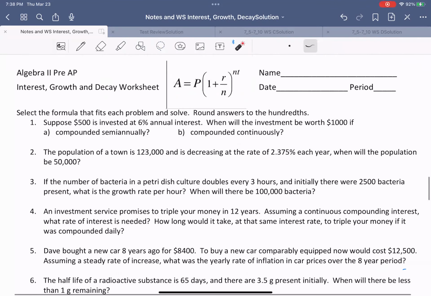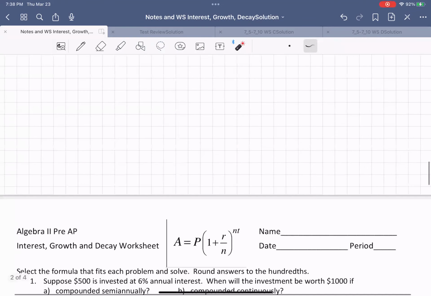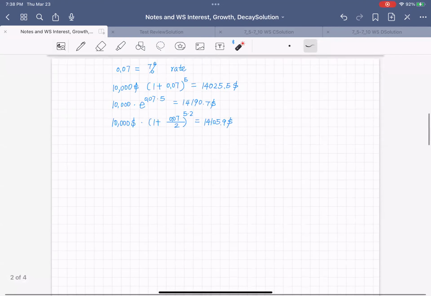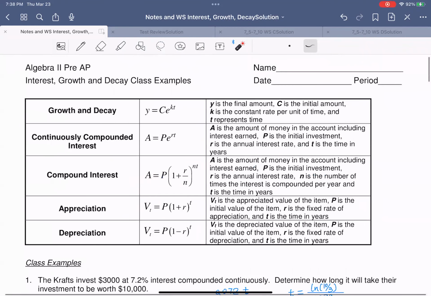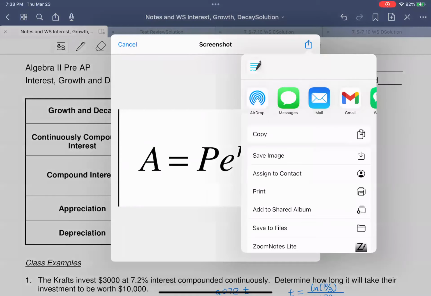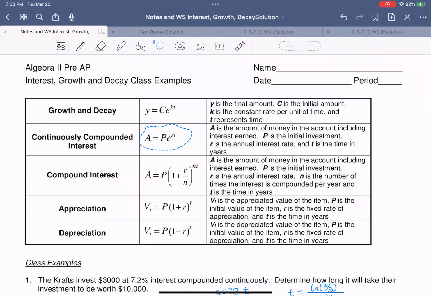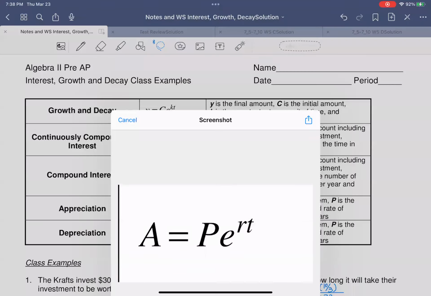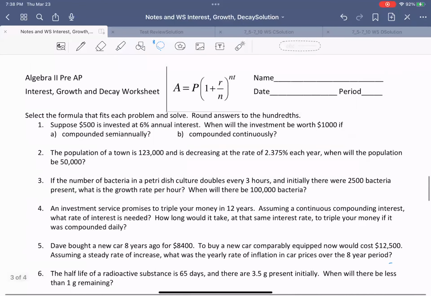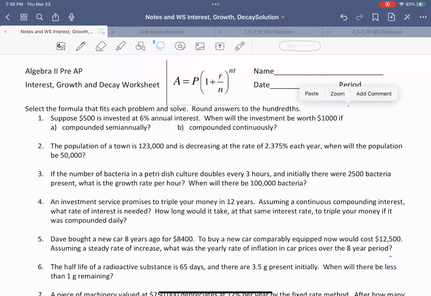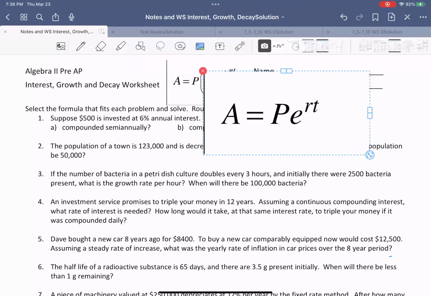How do you manipulate this formula for solving part A? Continuously. This is not a formula for continuous compounding, so you will use this continuous formula, which is this. Everybody go ahead, do number 1.